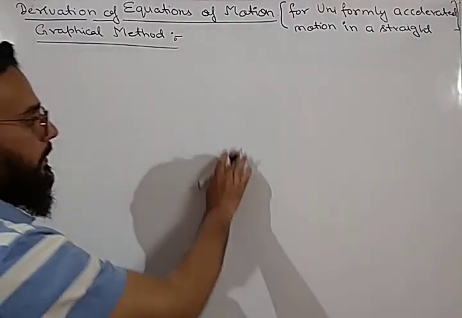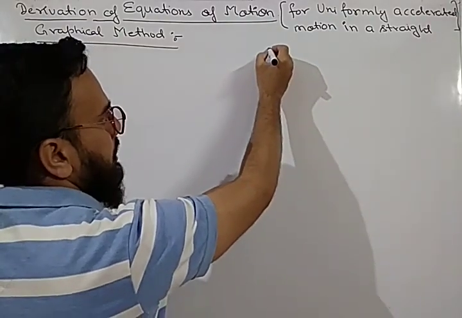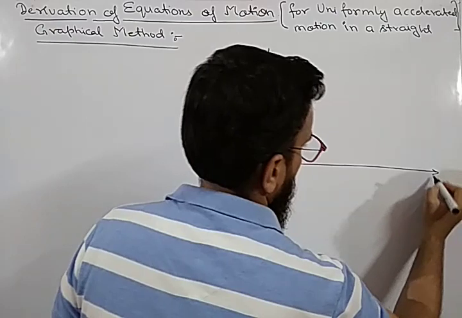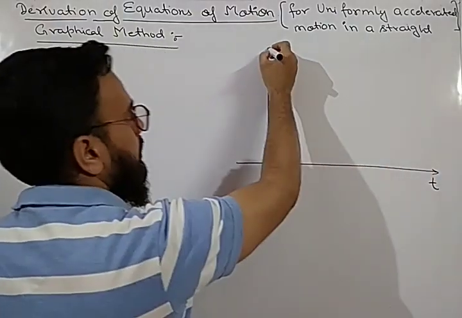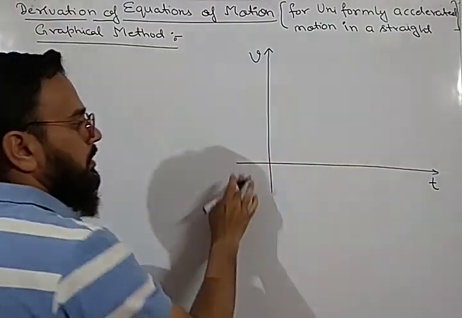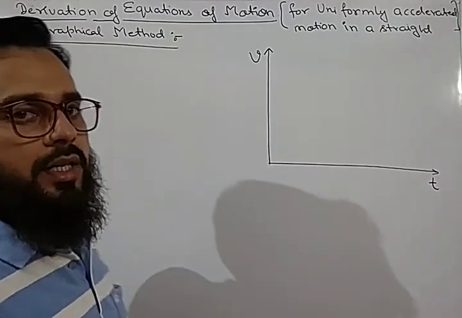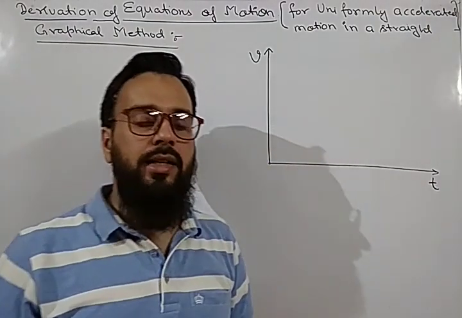So let us start. First, I am drawing a graph of uniformly accelerated motion. This is time and this is velocity. So I am drawing a velocity time graph for a particle performing uniformly accelerated motion.